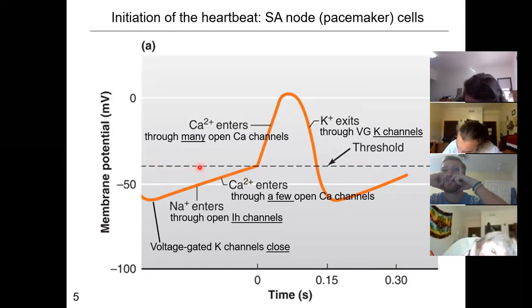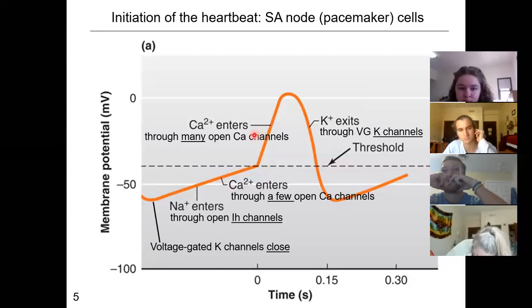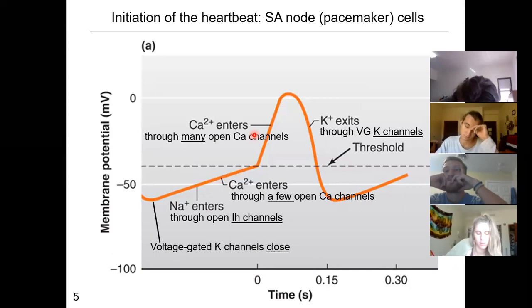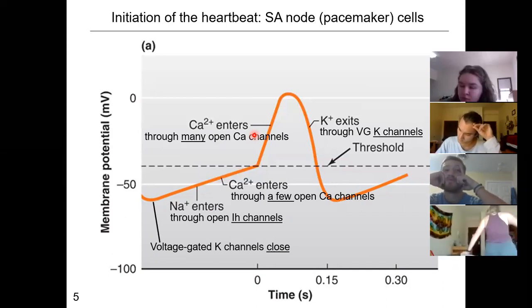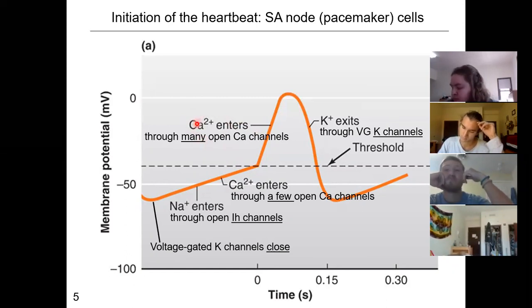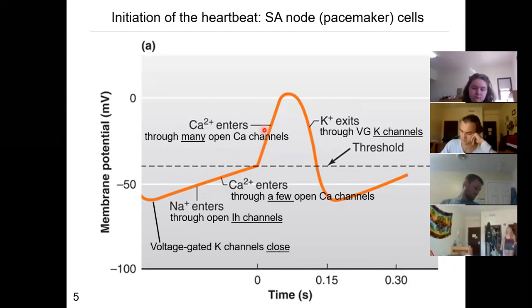Eventually, we get to a threshold where enough calcium channels cause enough depolarization to open more calcium channels. It's the same kind of feedback loop that the sodium channels use for the nerve and muscle action potential. Depolarization opens voltage-gated calcium channels, calcium enters, more depolarization.